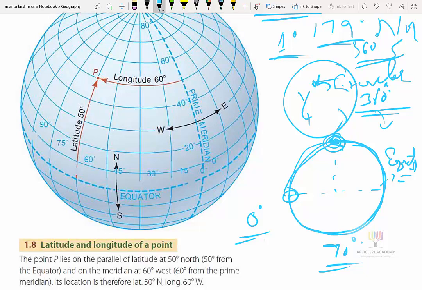However, this length is not constant, because we find that a degree of latitude changes slightly in length from the equator to the poles because of the rotation of the Earth.